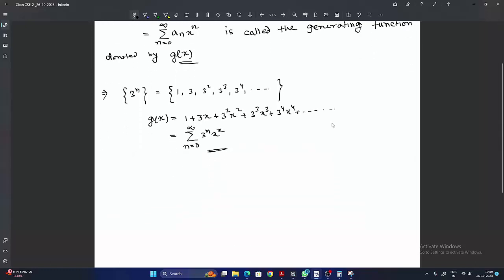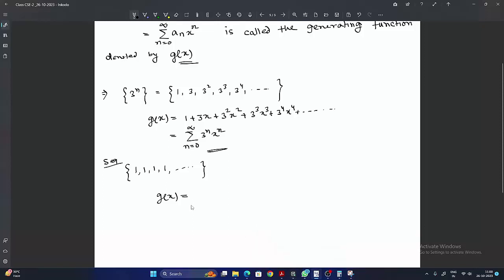Suppose the sequence is 1, 1, 1, 1, where every term is 1. Then what is the generating function? Am I audible?